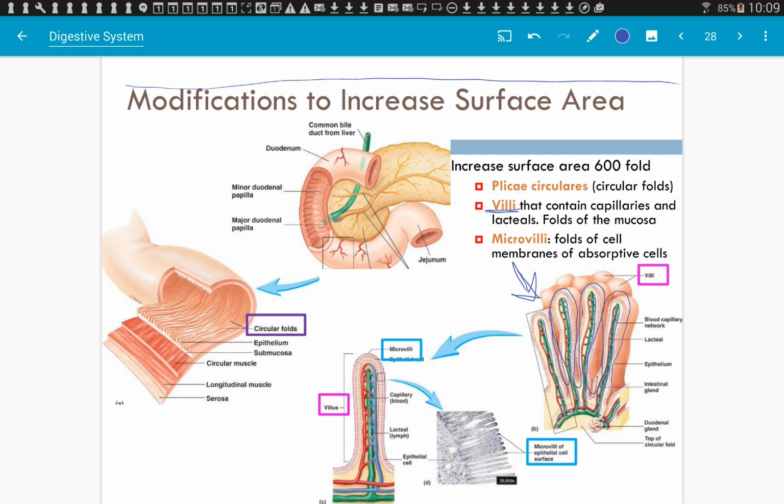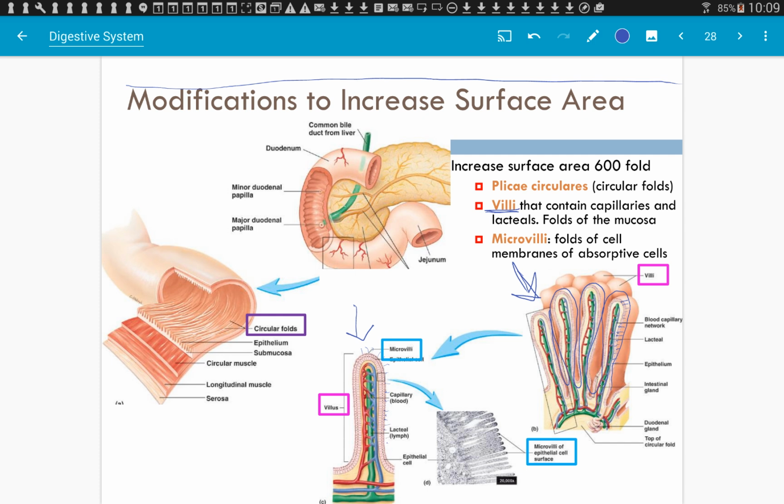But there's more. The villi have their own little fingers on them. They're microvilli. If this is the villus, we have these tiny, tiny microvilli on a villus. Villus is singular, and the microvilli are the little tiny ones, each individual one on the surface of the villi.